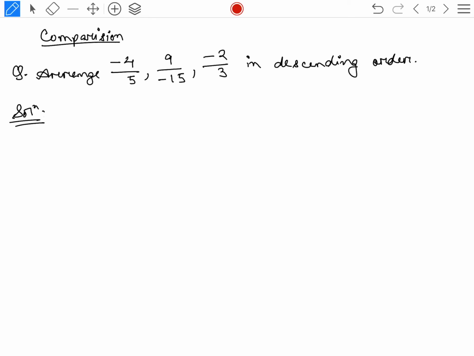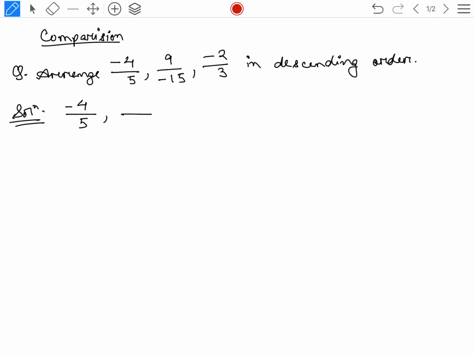First step, if you see the denominator is a negative number, you need to convert the negative number into a positive number. Okay, I'm so sorry about my throat. See, first one, the numerator is negative, it is okay, so -4/5. But the second one is 9/-15, and you need to convert the denominator into a positive number.